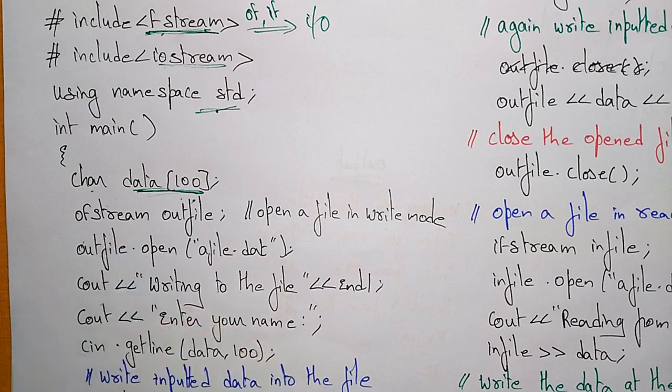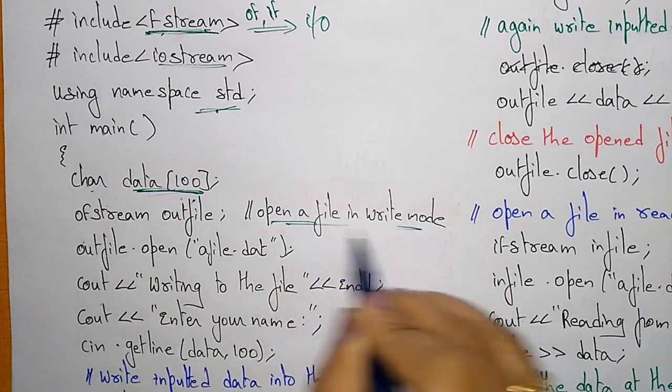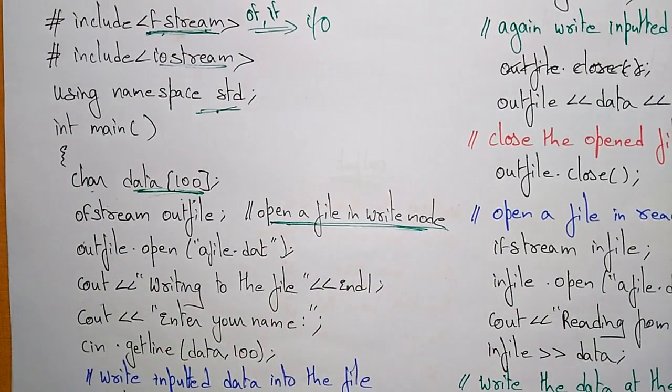Now first what I am doing, open a file in write mode. First I am doing the writing operation, which means I want to write the data to the file. After that, the data has to be read. Means first store the data, after that read the data.